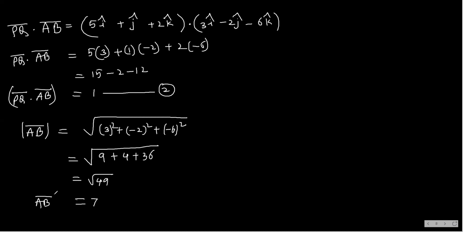So I got mod AB bar as 7. So mod AB bar square will be equal to 49. This is number 3.